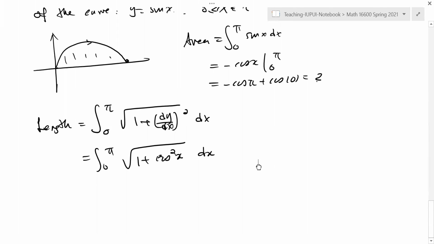I'm not sure we are able to evaluate this. With 1 plus cosine squared x, you cannot get rid of the radical. So I don't think we're able to evaluate it, but you can approximate it. We already learned how to approximate an integral, so this is a good example.